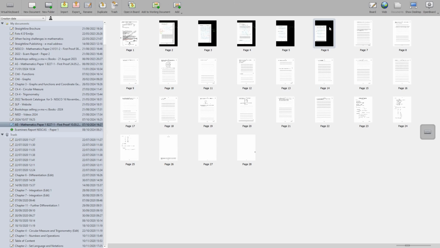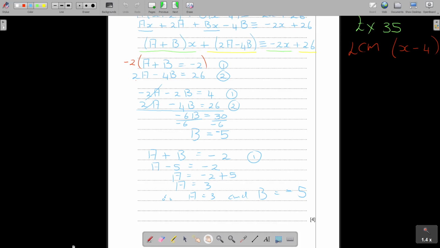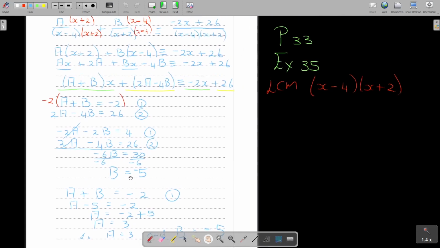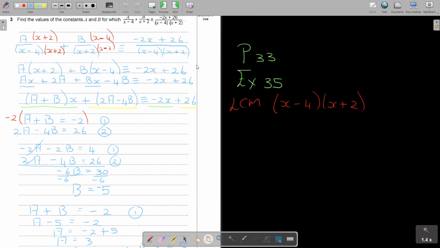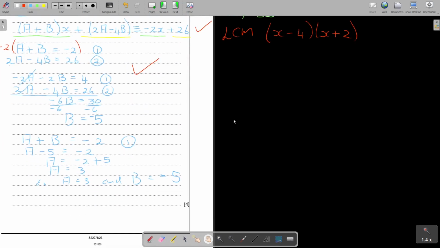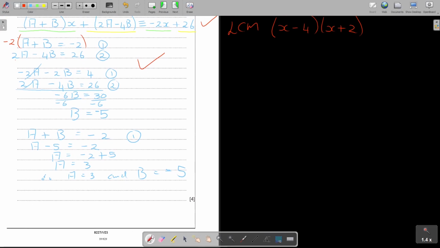If you already got that step, we can make it red. And then basically if you took out the common factors, and then if you solve this, and then for your answers at the end, if you were able to use the simultaneous equations, it was 4 marks.